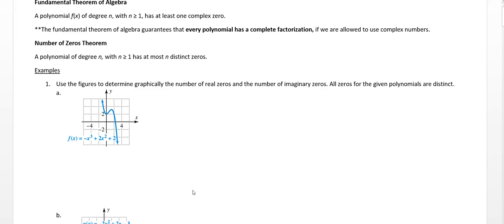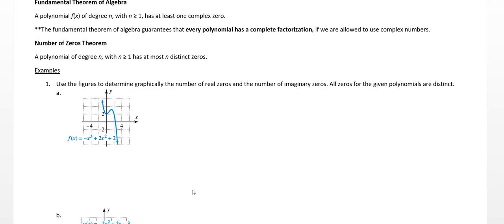If you notice here, the polynomial for this graph is f of x equals negative x cubed plus 2x squared plus 2. Based on the degree of the polynomial, the degree is 3, which means by the number of zeros theorem, there are 3 distinct zeros.